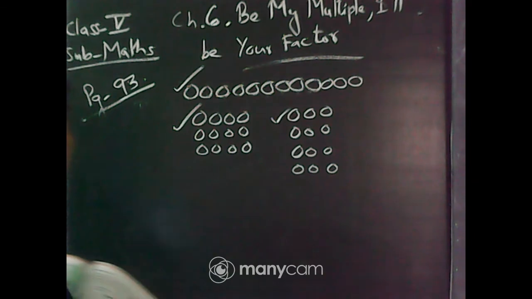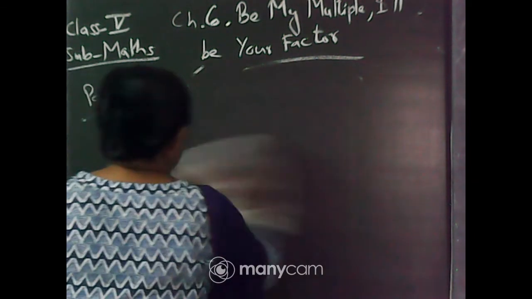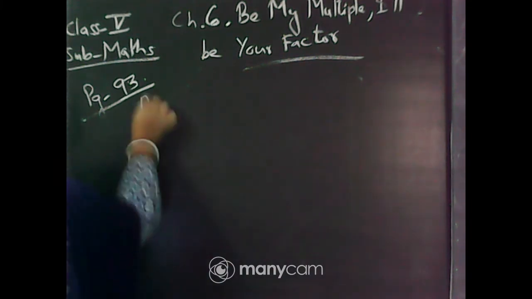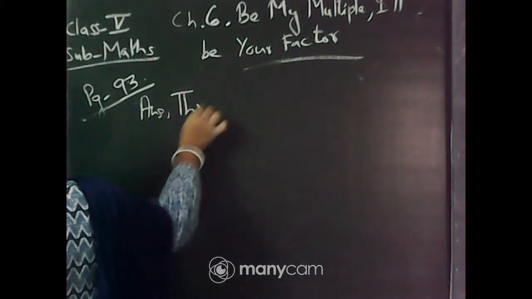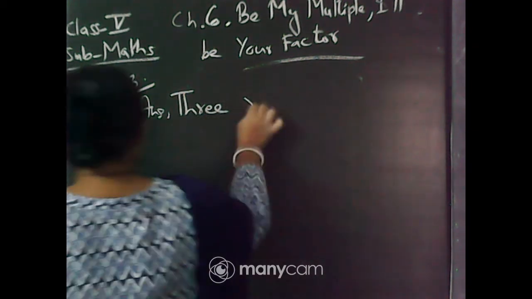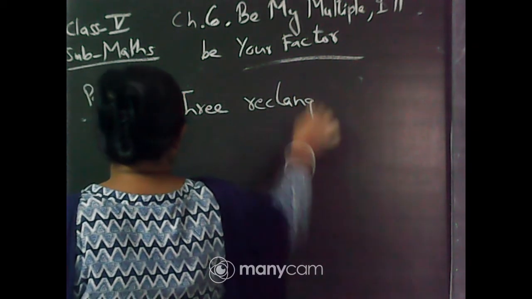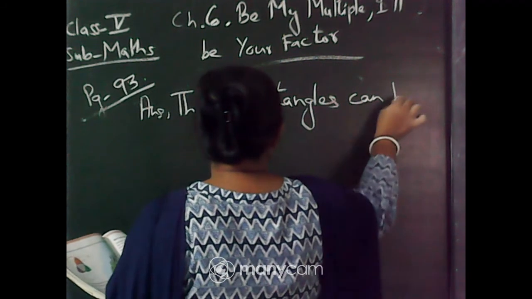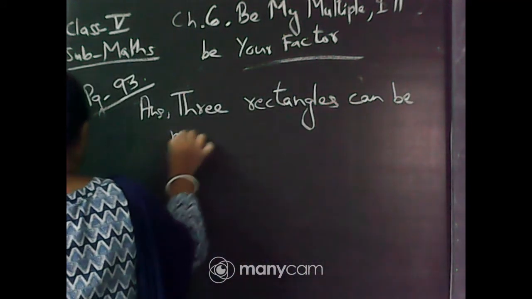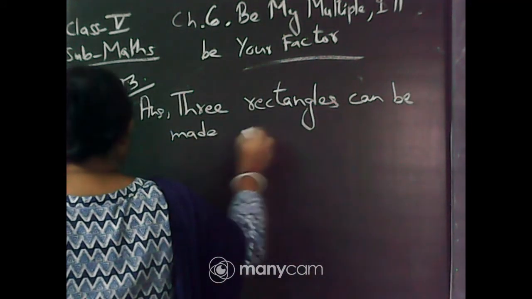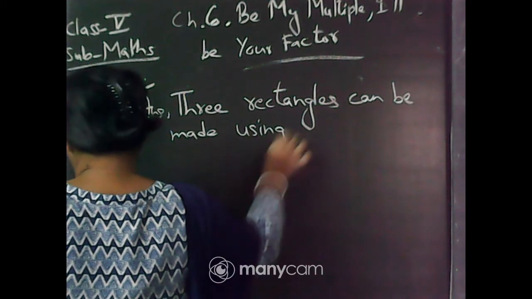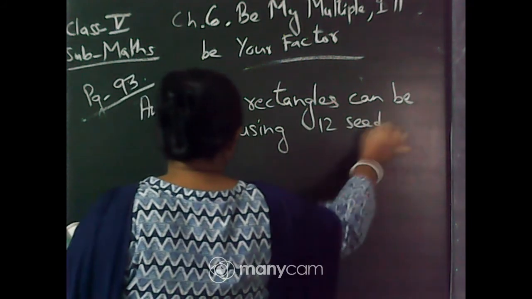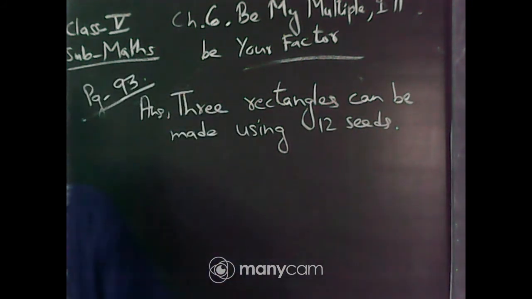Okay. So the answer you will write in the book. The answer you will write is that three rectangles can be made using 12 seeds.